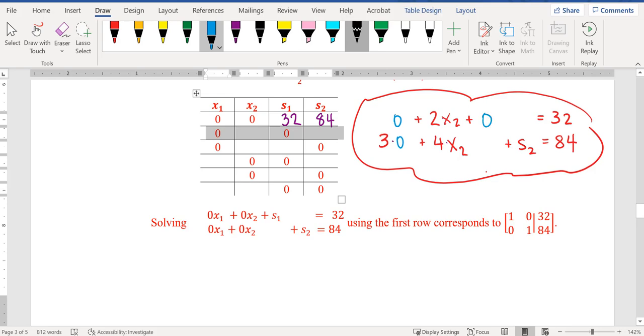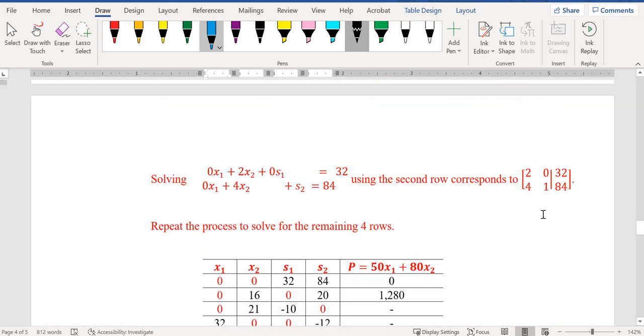Now we have the equations 2x2 equals 32 and 4x2 plus s2 equals 84. That matrix is 2, 0, 32 and 4, 1, 84. That's where this matrix comes from.